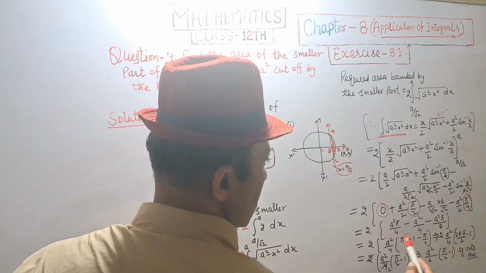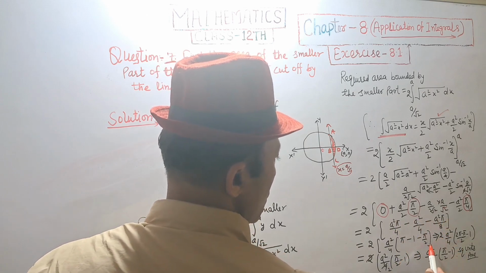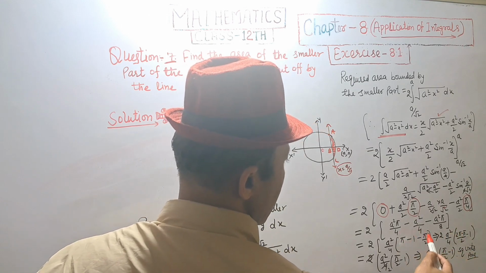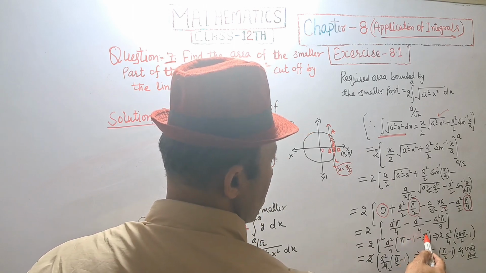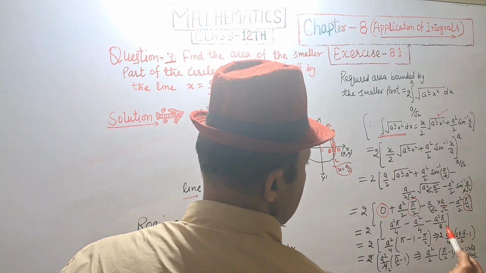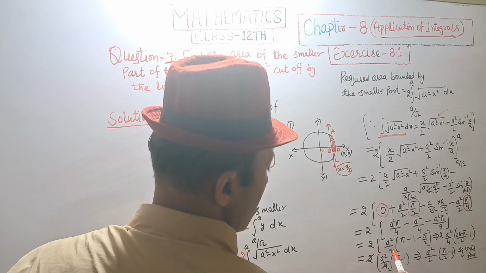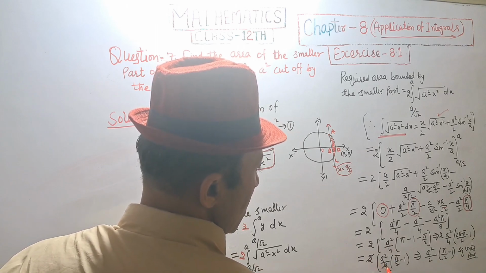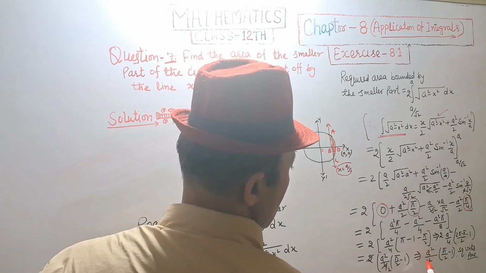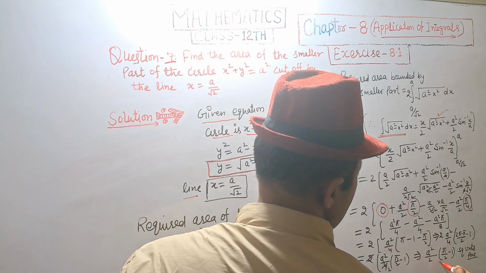We are taking common in bracket pi minus 1 minus pi upon 2, and pi minus pi upon 2 we are solving in bracket: pi minus pi upon 2 that is 2 pi minus pi upon 2 minus 1 is inside, and 2 pi minus pi that is pi upon 2, pi upon 2 minus 1, and a square upon 4 we are taking common. 4 divides 2, 2 ones are 2, 2 twos are 4, and we get a square upon 2 in bracket pi upon 2 minus 1 square unit. Answer.